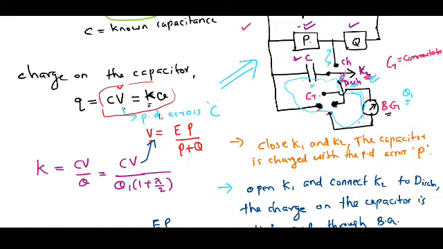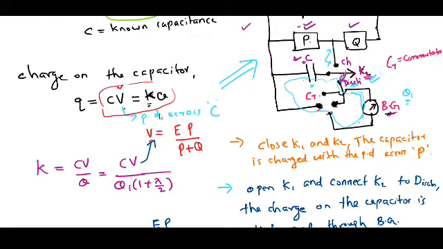When it discharges by pressing the key K2 to the discharge knob, whatever charge is stored discharges, and accordingly the galvanometer shows a deflection. The capacitor discharges through the BG.